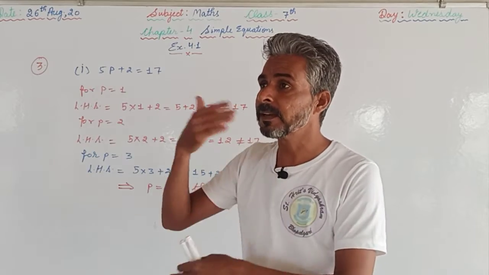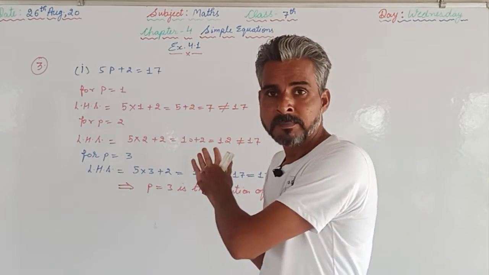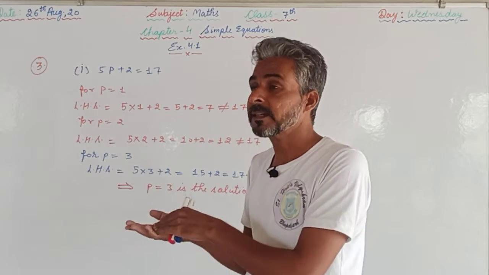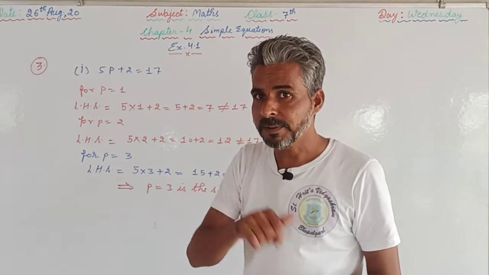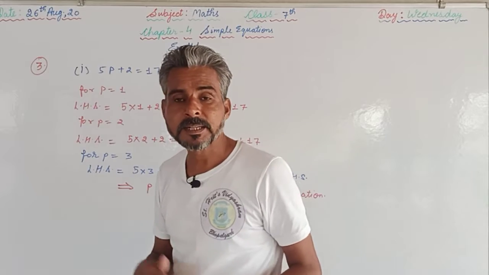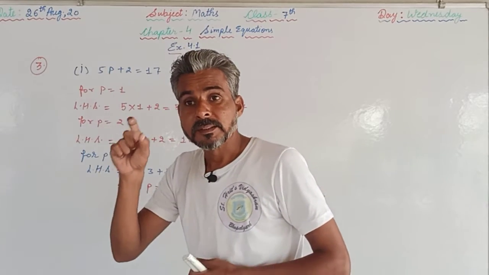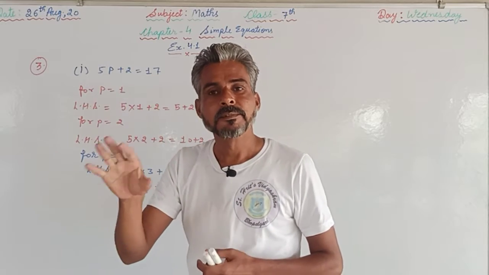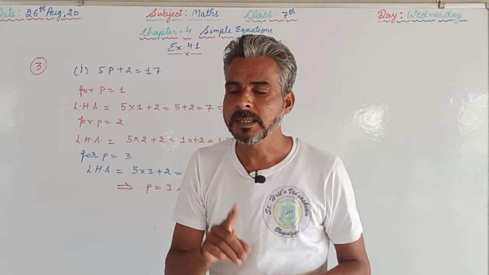We will take different values and substitute them in the equation, and we will see whether the left hand side is equals to the right hand side after substituting that value. If we get the left hand side equals to right hand side, that value we have taken in that case will be the solution of the equation.